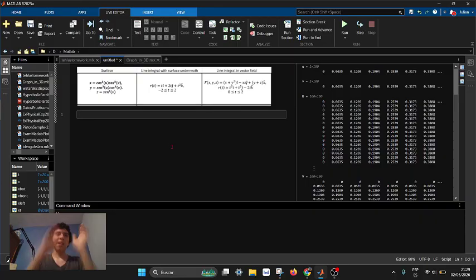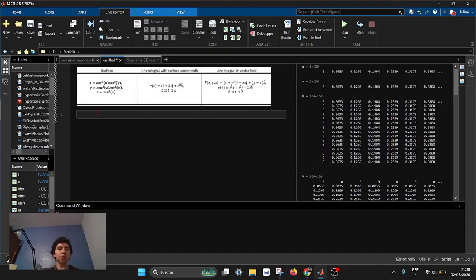Okay, so first off, for the surface. To do a surface in MATLAB, it depends on how the problem is given to us, but we can see that x, y, and z in this case are dependent on u and v.